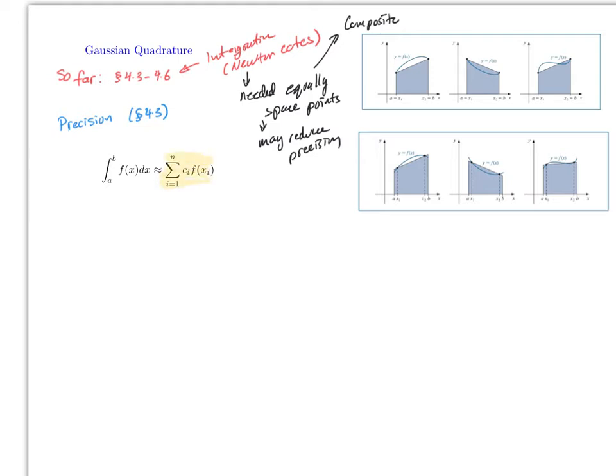So technically, if you expand this, it will be C1 times f of x1, C2 f of x2, all the way to Cn f of xn.